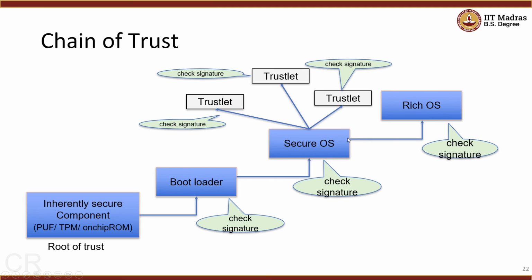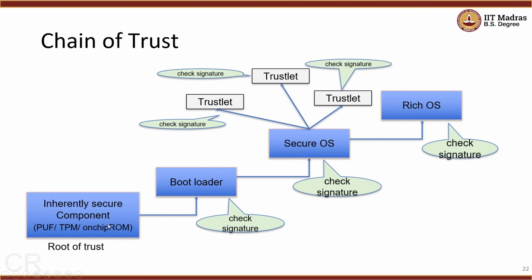Now, just like before, it continues further and starts to execute various applications which are called trustlets. The signature of each trustlet is validated to detect any tampering. In a very similar way, when the secure OS wants to load the rich OS, for example Android, the digital signature of the Android footprint stored in the flash is validated, and only if validated would it start to execute, right?